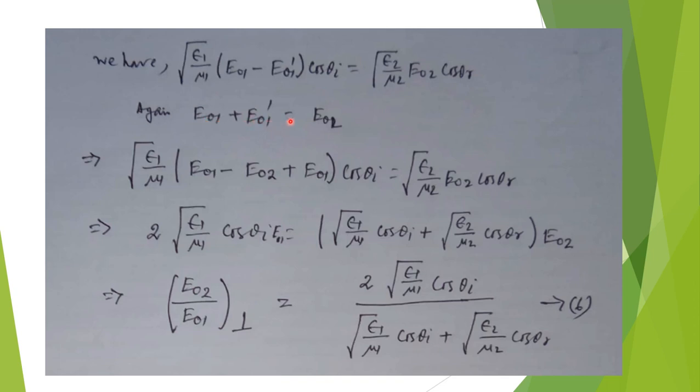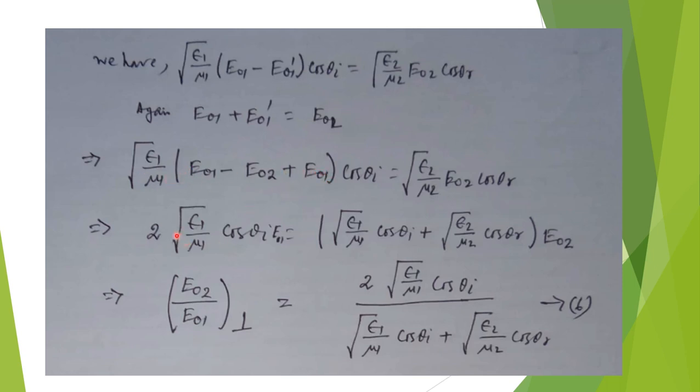Again, we have the relation E01 plus e dash 01 is equal to E02. Substitute the value of e dash 01, that is e dash 01 is equal to E02 minus E01, in this equation. Then we have root epsilon 1 mu1 into (E01 minus E02 plus E01) into cos theta I is equal to root epsilon 2 mu2 E02 cos theta.